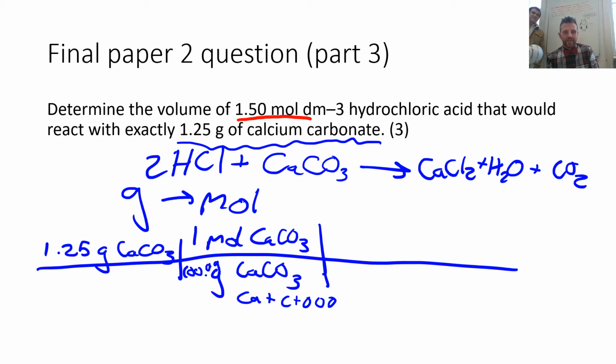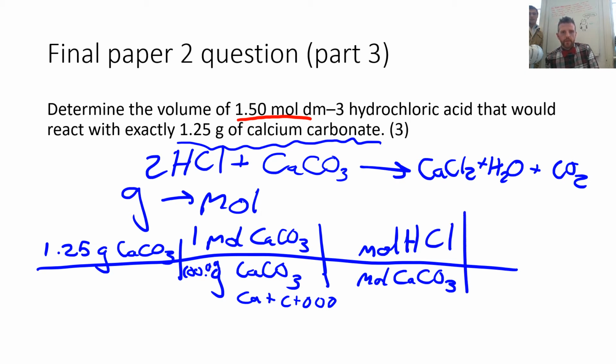So then, moles of calcium carbonate goes to moles of HCl. And don't forget, whenever it's mole to mole, you're using the coefficients.